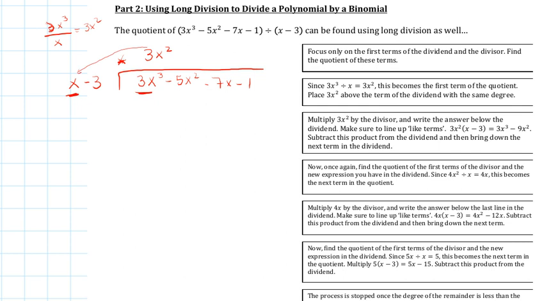Because remember that I'm going to have to multiply. So multiply 3x squared by x, and that's going to give you 3x cubed. And then you're going to multiply 3x squared by the negative 3, and that's going to give you negative 9x squared.